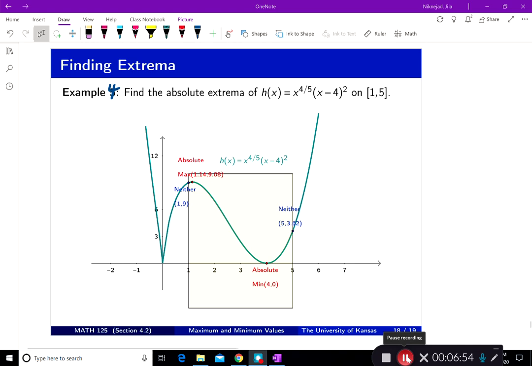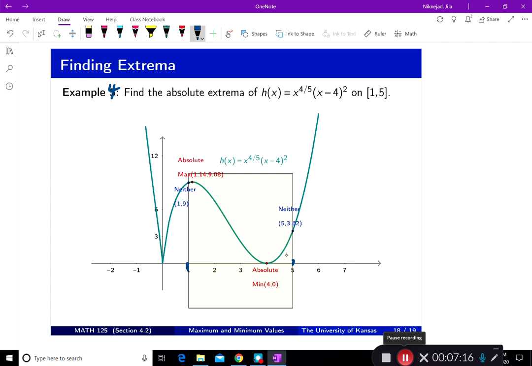Now let's look at this picture. Green is the function h of x equals x to the power 4/5 times x minus 4 to the power 2. And this yellow rectangle signifies that we're staying within the domain 1 to 5.